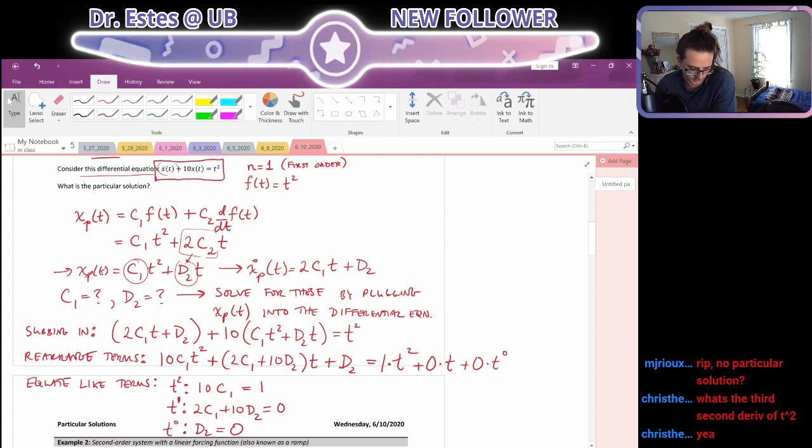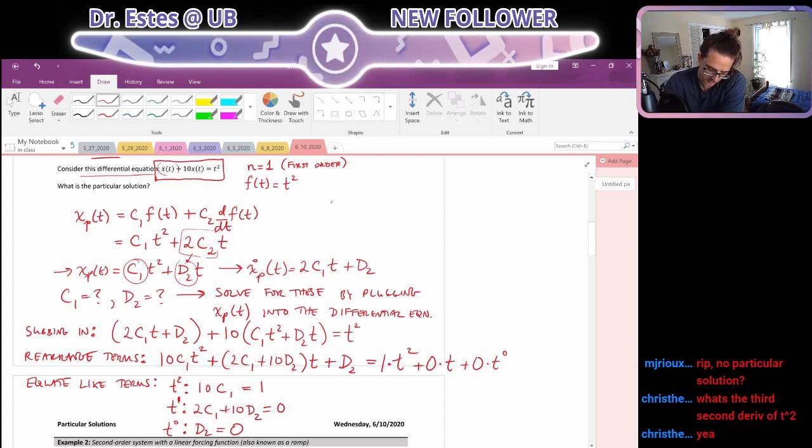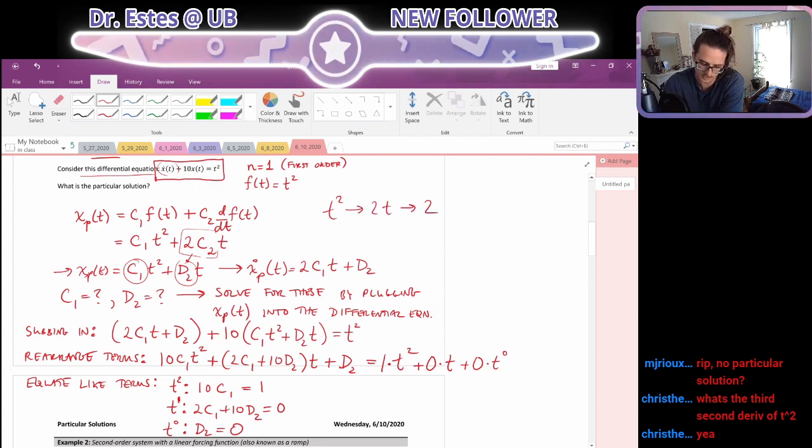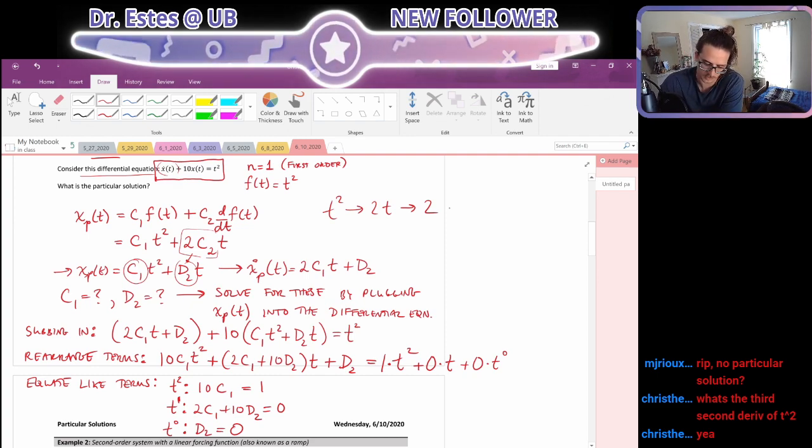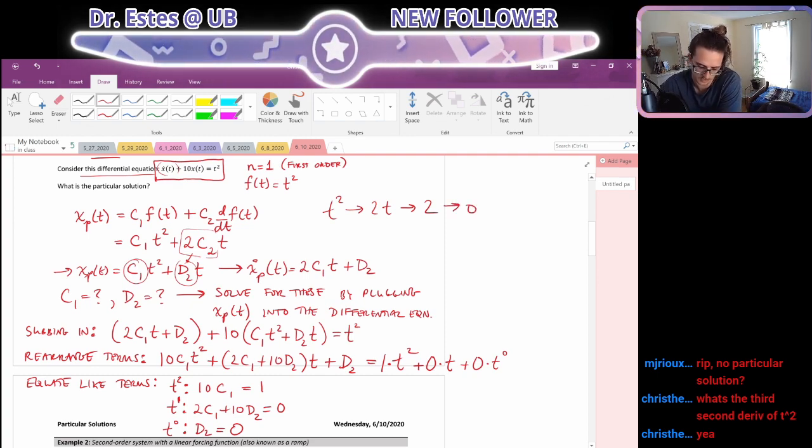What's the third derivative of t squared? Well, if you have t squared, if you take the derivative, you get 2t. If you take the derivative again, you get 2. And then if you take the derivative of that, you get 0, right?